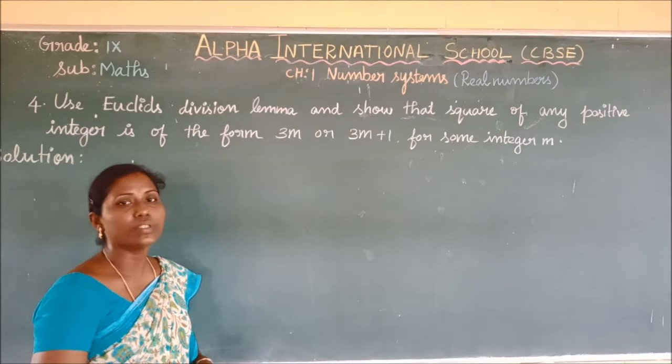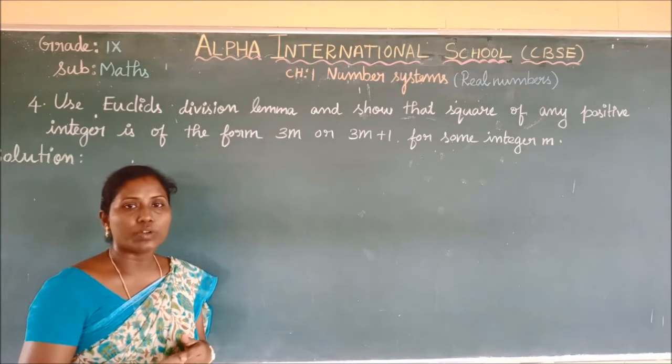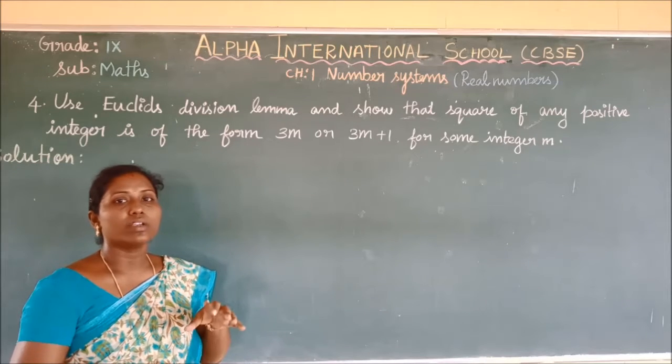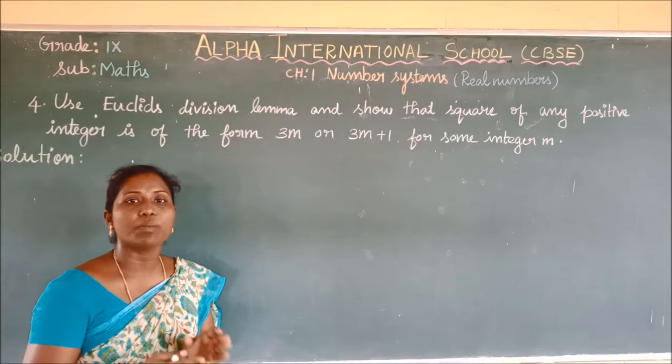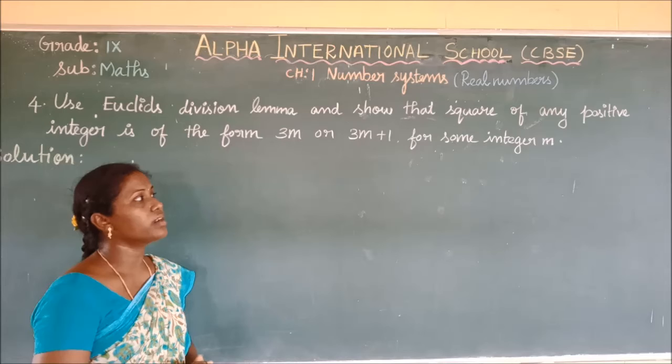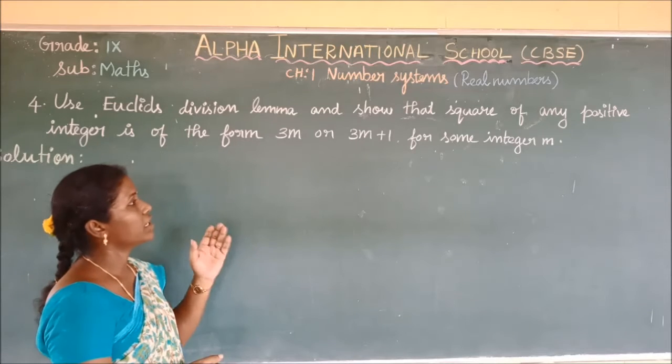We have to use Euclid's division lemma and show that if you square any positive integer, it can be written in the form of 3m or 3m plus 1 for some integer m.